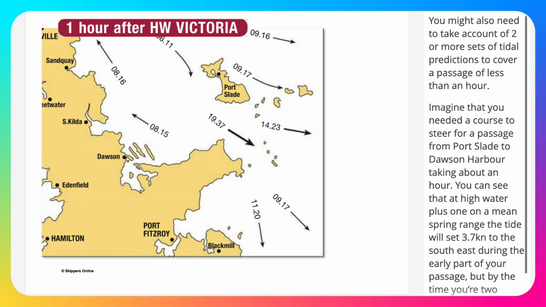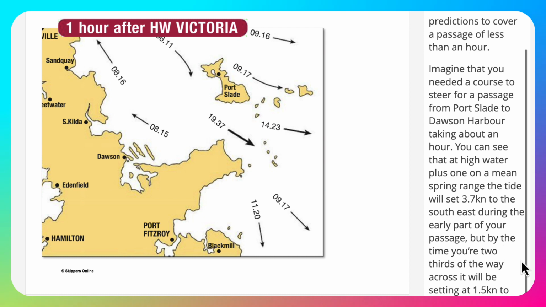You might also need to take account of 2 or more sets of tidal predictions to cover a passage of less than an hour. Imagine that you needed a course to steer for a passage from Port Slade to Dawson Harbour, taking about an hour. You can see that at high water +1 on a mean spring range, the tide will set 3.7 knots to the south-east during the early part of your passage, but by the time you're 2/3 of the way across, it will be setting at 1.5 knots to the northwest.